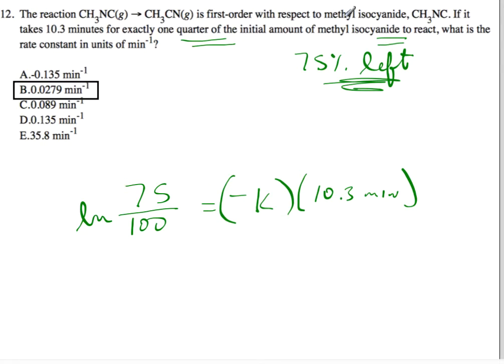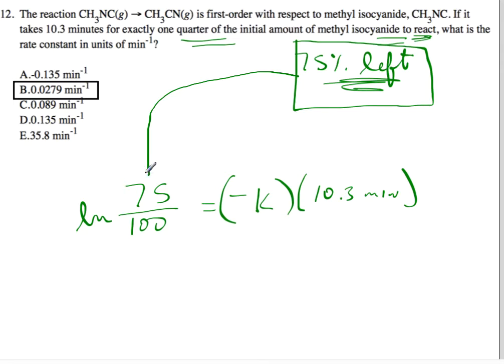Reaction is first order with respect to methyl isocyanide. If it takes 10.3 minutes for exactly 1/4 of the initial amount to react, so if that's how much reacts, what are my leftovers? Because that's what we're always asking in the integrated rate law. I have 75% left, so I'm going to drop 75% on the top. I started with 100%, natural log over here.